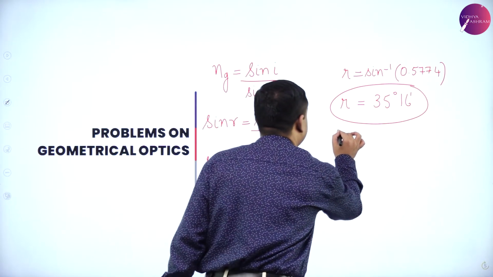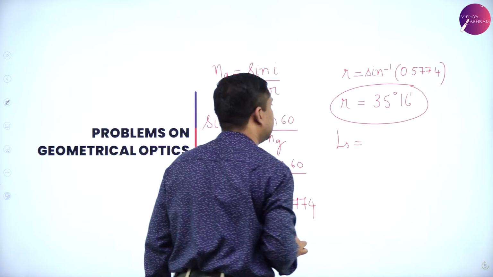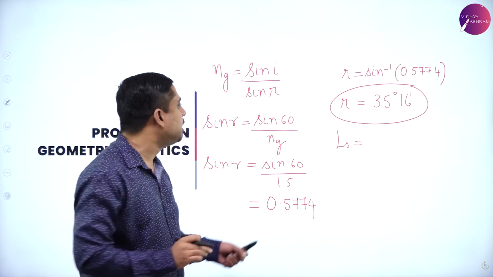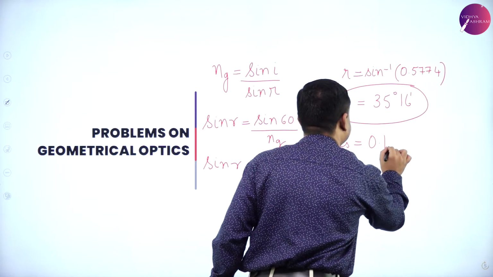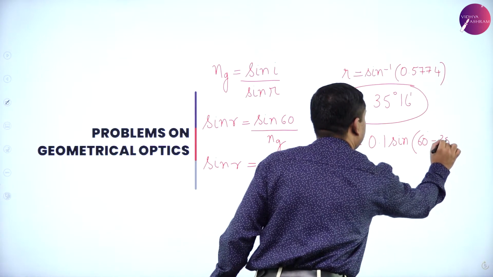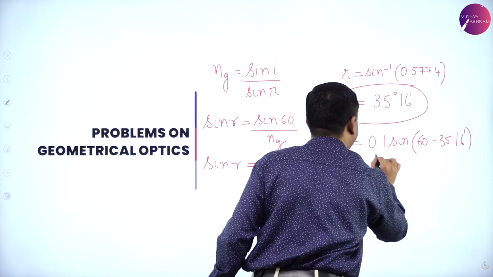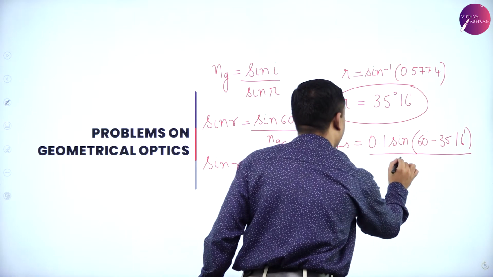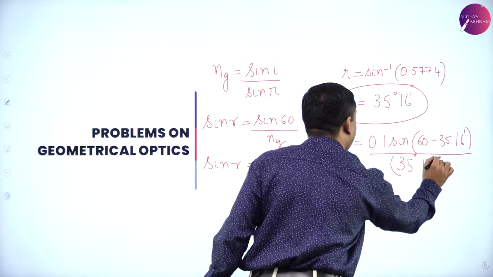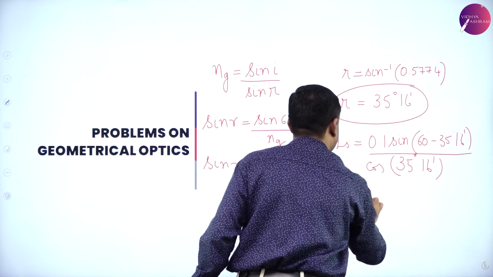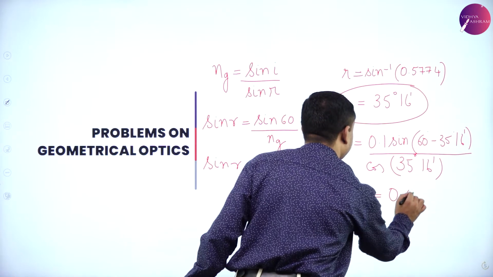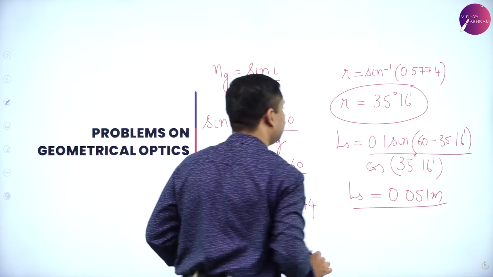So now lateral shift is T, the thickness of the glass slab, which is 0.1, sine (I minus R), I is 60 degrees, R is 35 degrees 16 minutes, by cos R, 35 degrees 16 minutes, and this is equal to 0.051 meter.